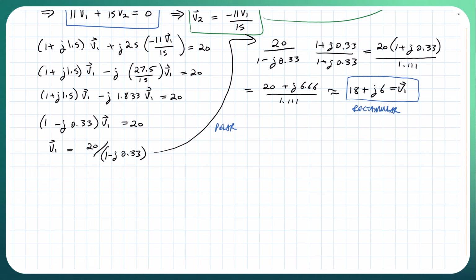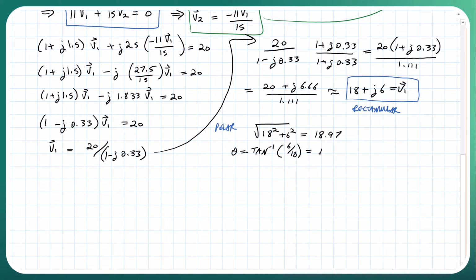To do that we say 18 squared plus 6 squared is approximately 18.97, and then our theta is the tangent inverse of 6 over 18, which gives us approximately 18.43 degrees.